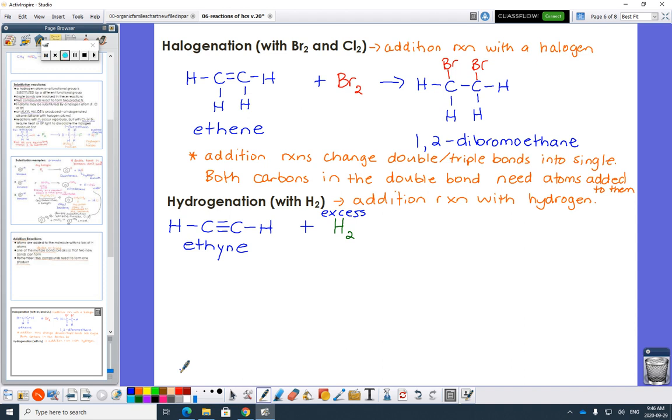Okay, so if ethyne, you add 1 hydrogen. I'm going to do the same thing like I did up there. I'm going to do 1 at a time. So I'm going to do the double first. It doesn't matter. Pick the top, pick the bottom. But if I'm going to go all the way to single, I need another hydrogen.